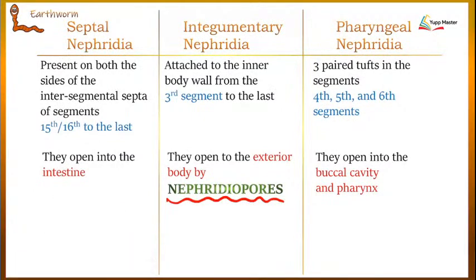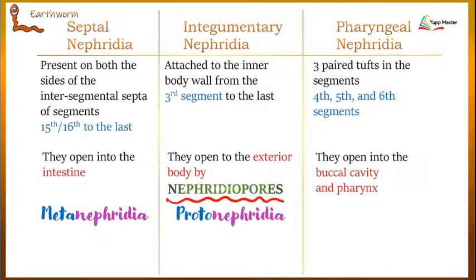Now, next point we see, if it is a metanephridia. What was metanephridia? When the nephrostome was present. So septal nephridia are metanephridia, whereas integumentary nephridia are protonephridia, which means that nephrostome is not present. And pharyngeal nephridia also have no nephrostome, so they're called protonephridia.